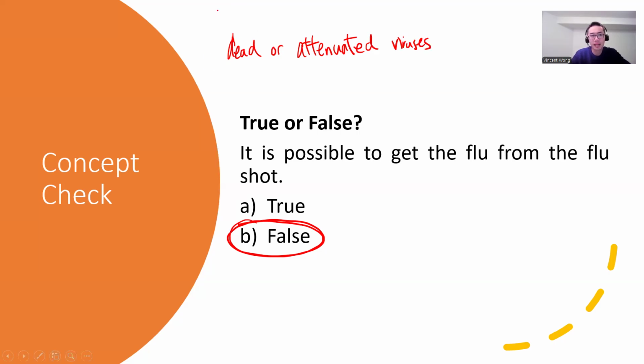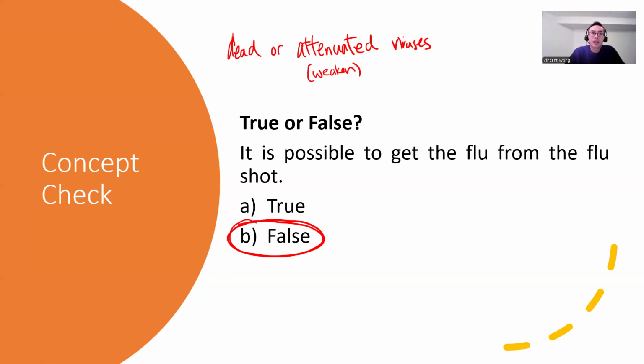Attenuated, with an A, means weakened. So dead viruses obviously cannot cause illness, and the weakened form also cannot cause illness. It's like they take the virus, but then they remove the disease-causing portion, right? And then they create a vaccine from it. So it is not possible to get the flu or to get COVID from the flu or COVID vaccine.